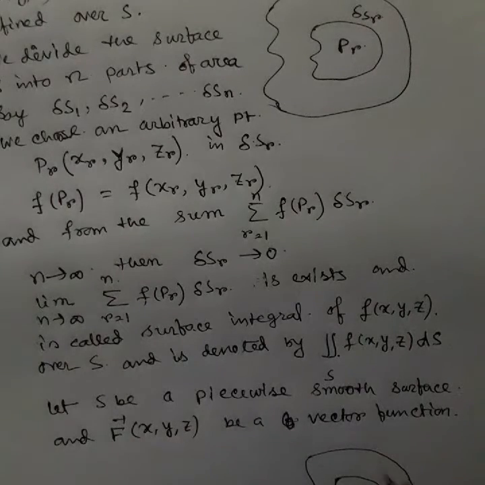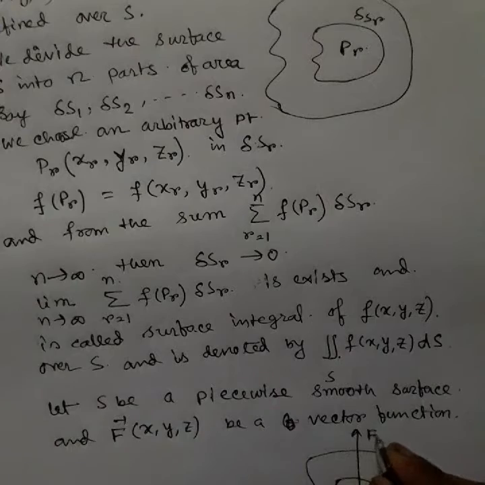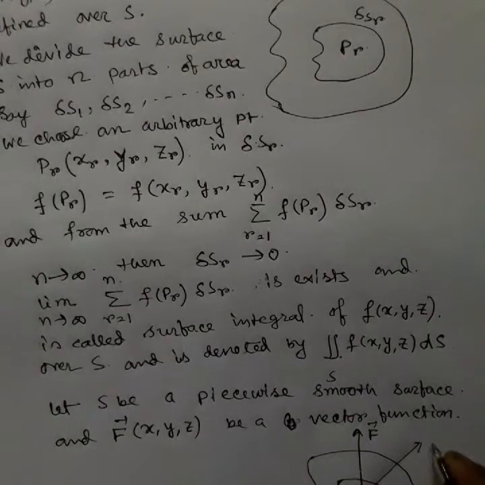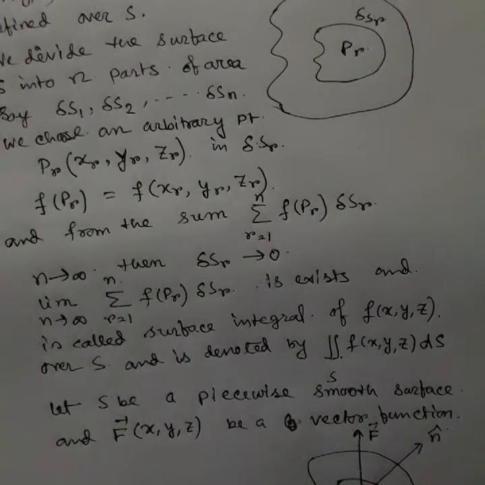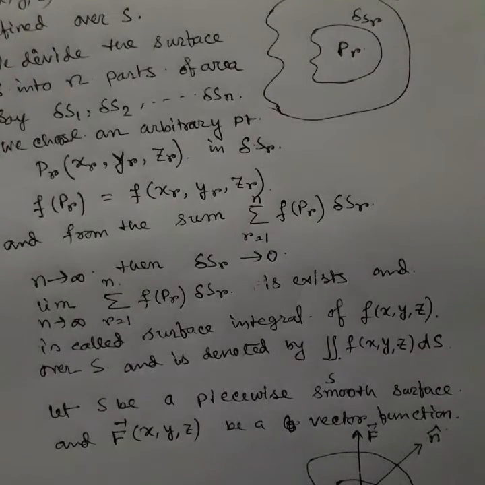So it is the point P, over P this is the vector F, and this is the unit vector n cap with delta S. And this is the area S.